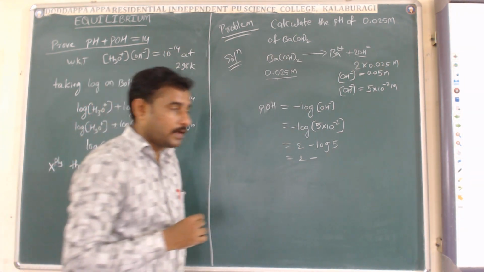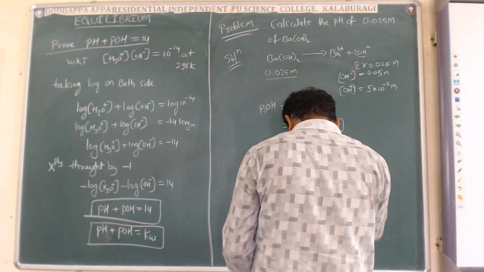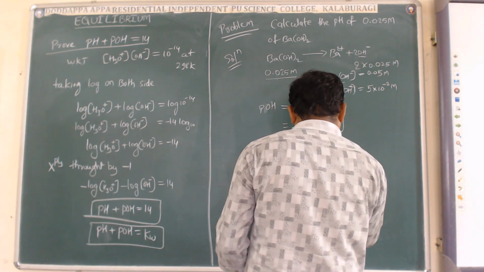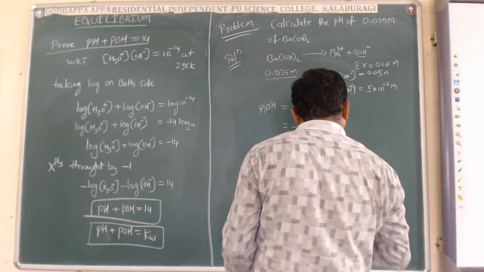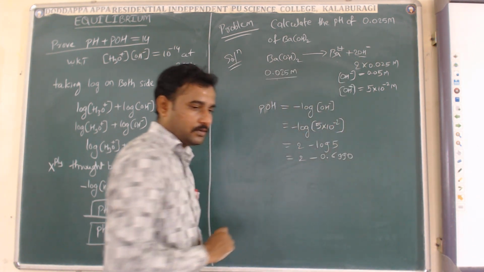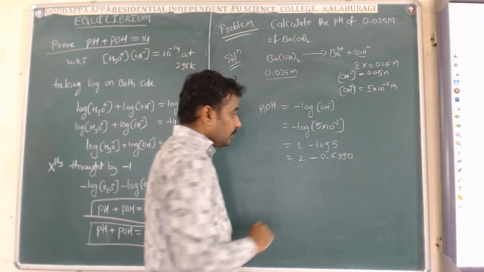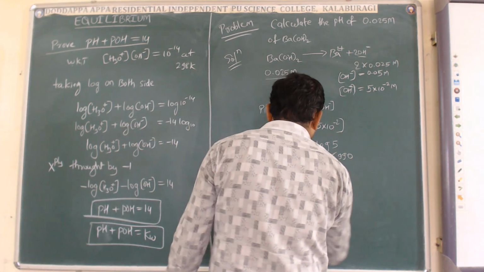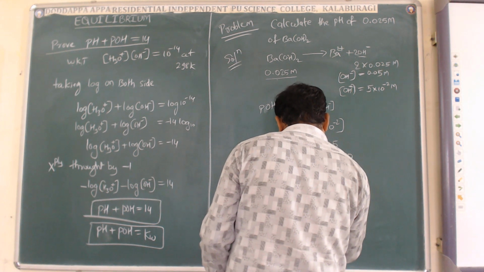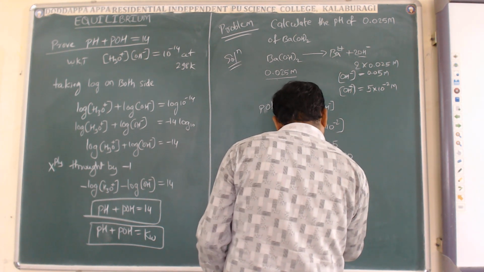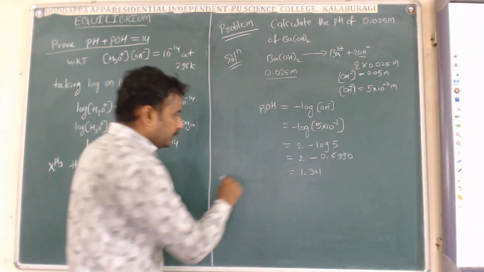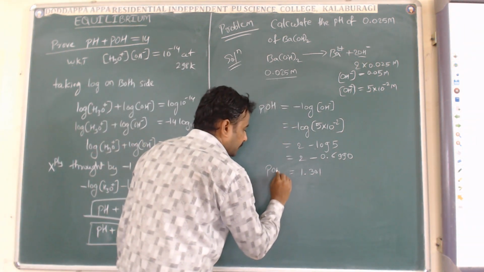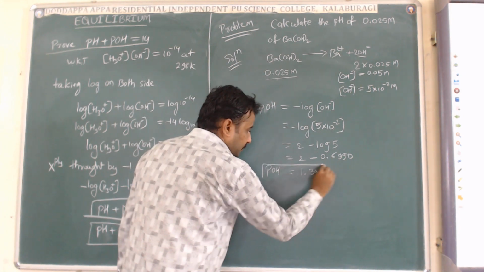The log 5 value, from the logarithm table, is 0.6990. Subtracting that, we get the answer 1.301. So you have found the pOH.